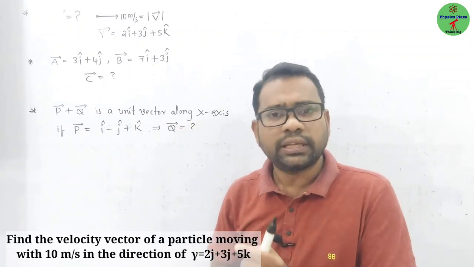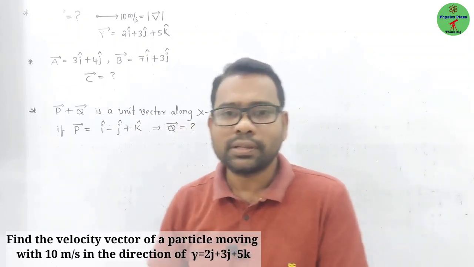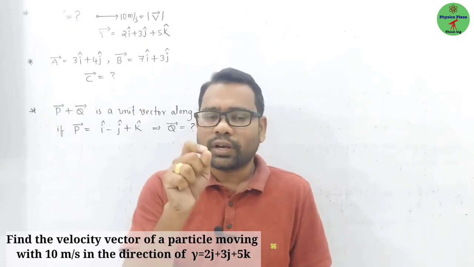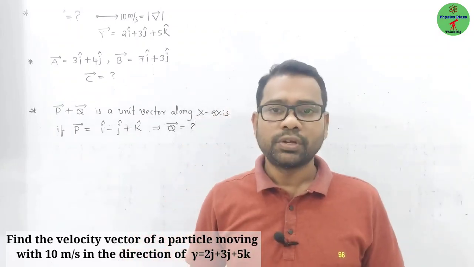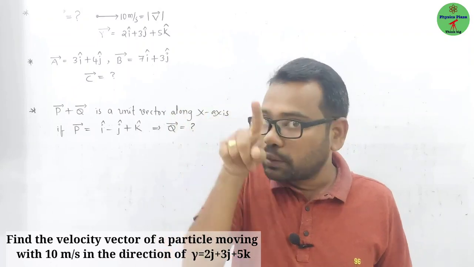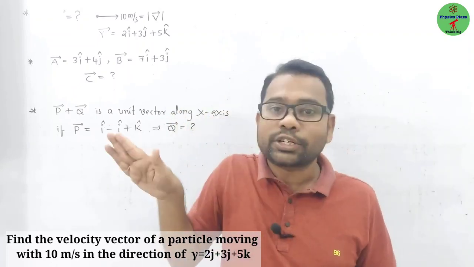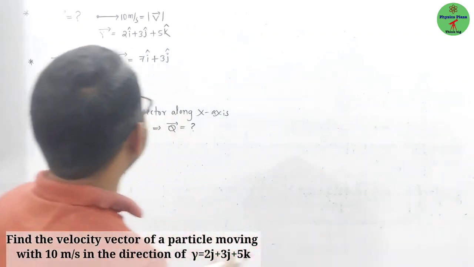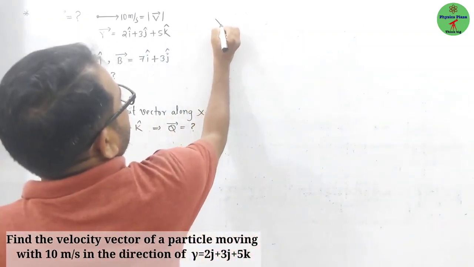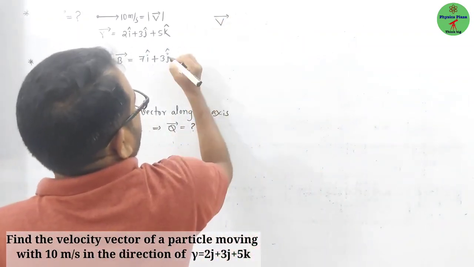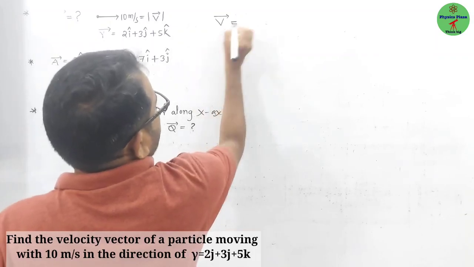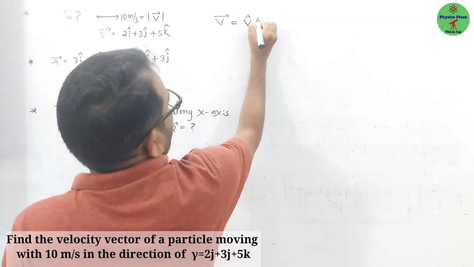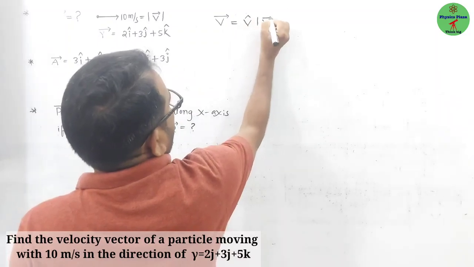When they say it is in the direction of displacement, first we need to know the direction. Yes, that is actually the unit vector. So the unit vector of that particle must be in the direction of the unit vector of the displacement. Any vector, children, can be written as its unit vector multiplied by its own magnitude.